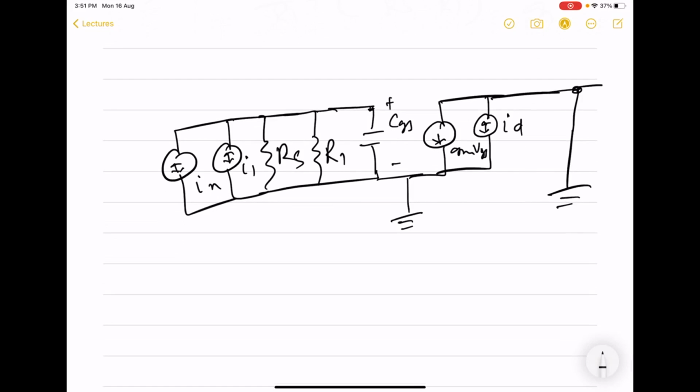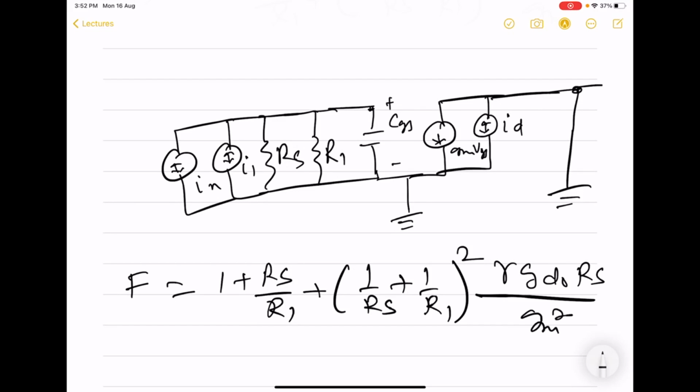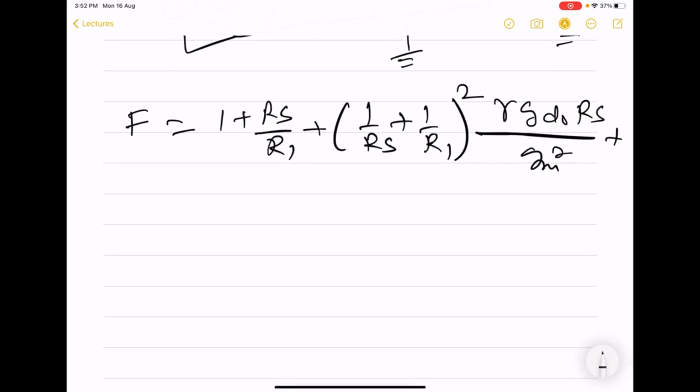And by the way, for this case, the noise factor will turn out to be 1 plus RS by R1 plus, and here we will see that an omega term will appear. So these are the already existing terms. Now we are going to get a term which arises because of CGS.